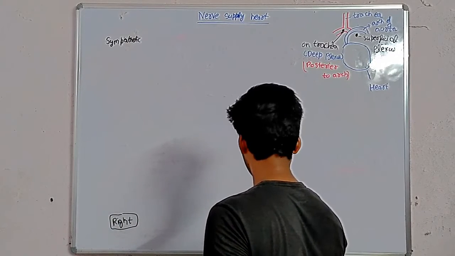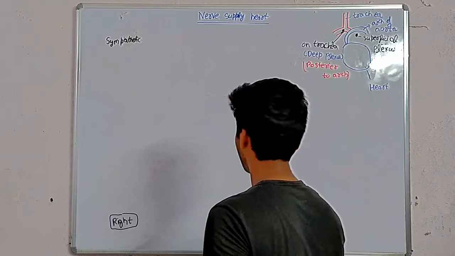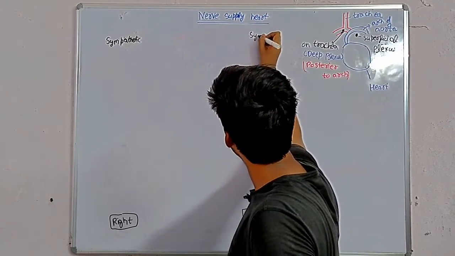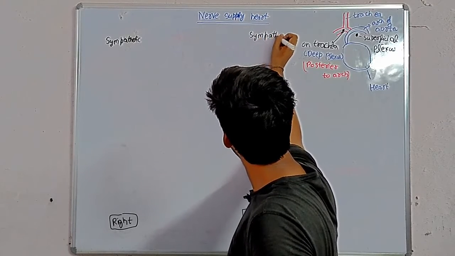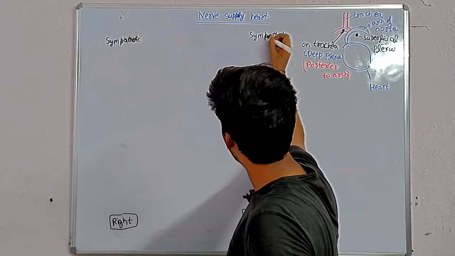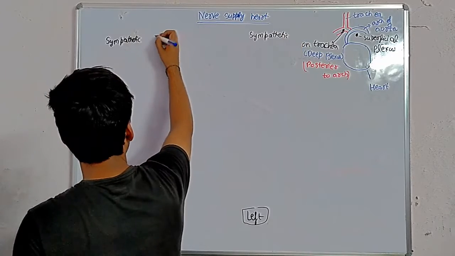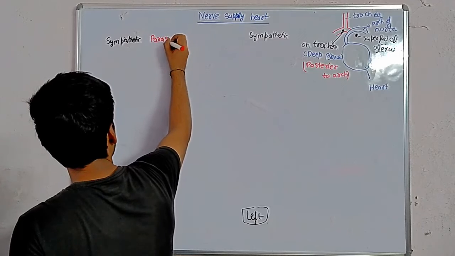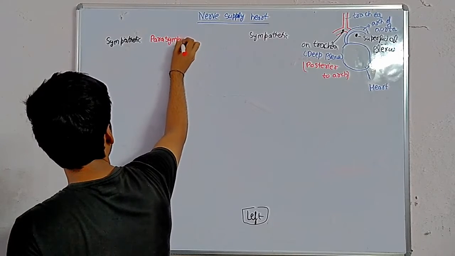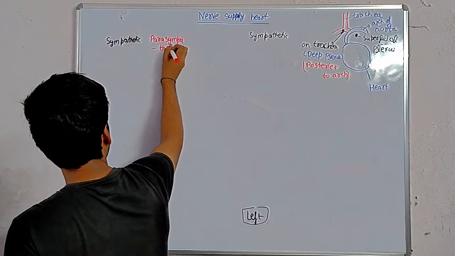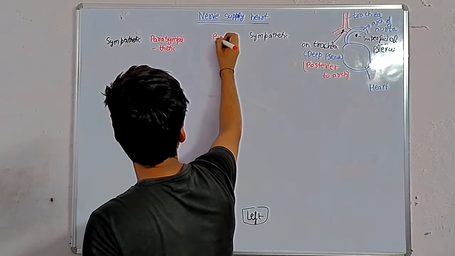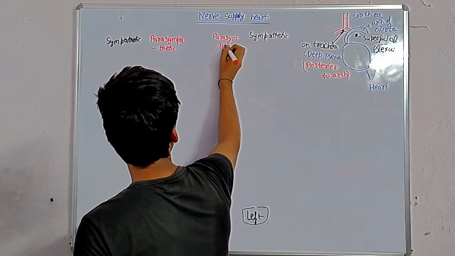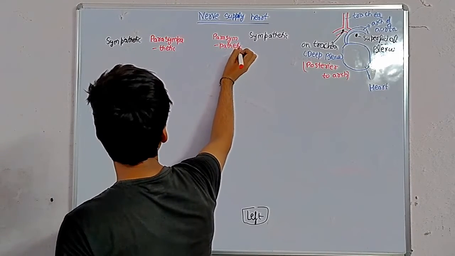On both sides, sympathetic and parasympathetic supply are present: sympathetic, and in between, parasympathetic, on both sides of the body.